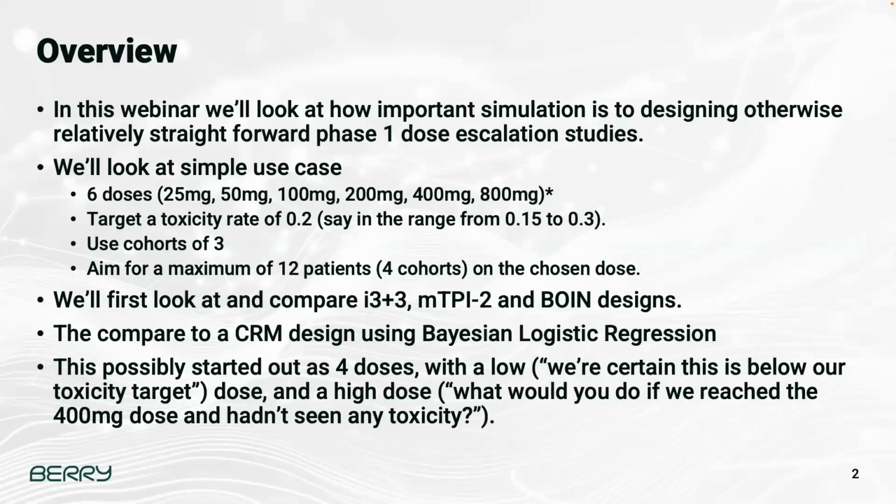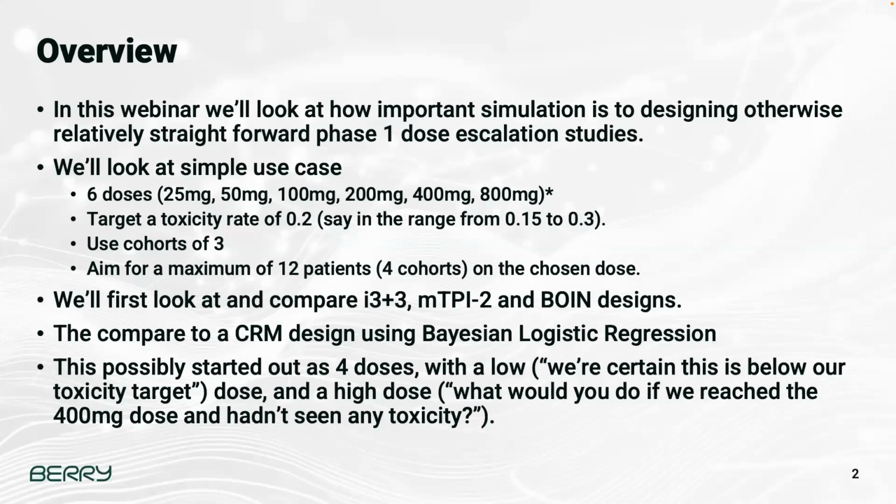And so I thought this would make it interesting both for me and you. And let's say that I'm going to bracket that target toxicity of 0.2 by saying I'm happy with any dose that's got a toxicity rate between 0.15 and 0.3.